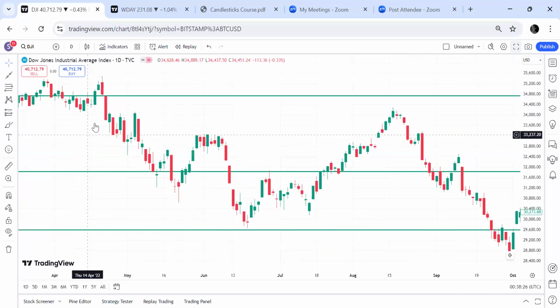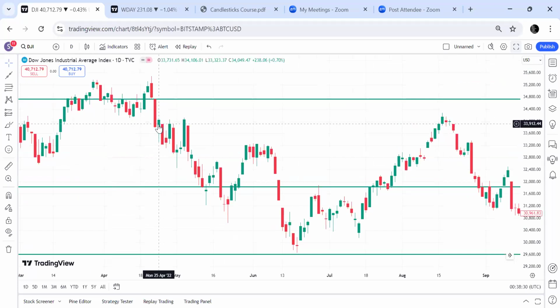And at the same time, we also have the bearish Marubozu. If a bearish Marubozu forms when the market is up, we have to leave it. We don't need to give much importance.